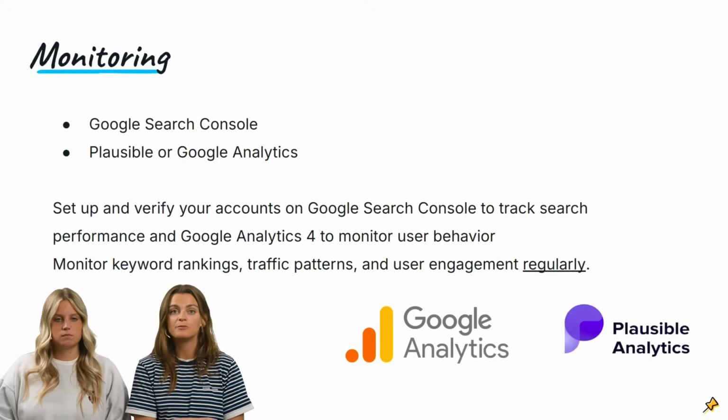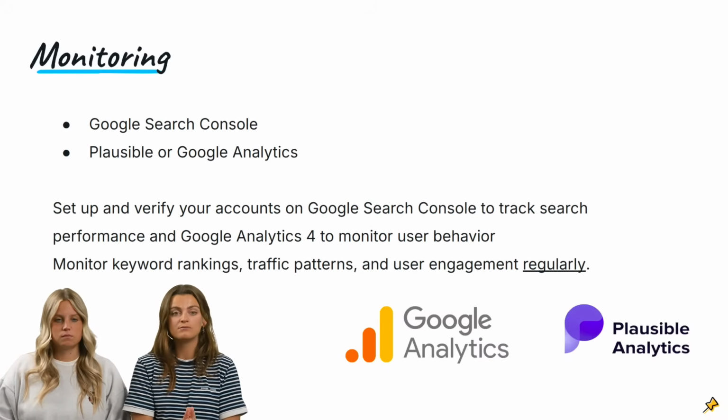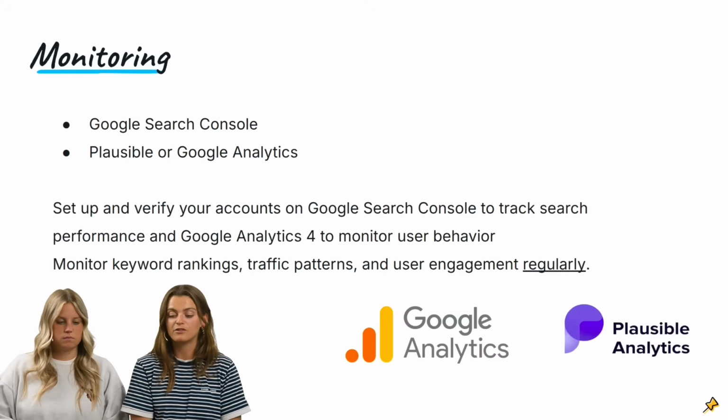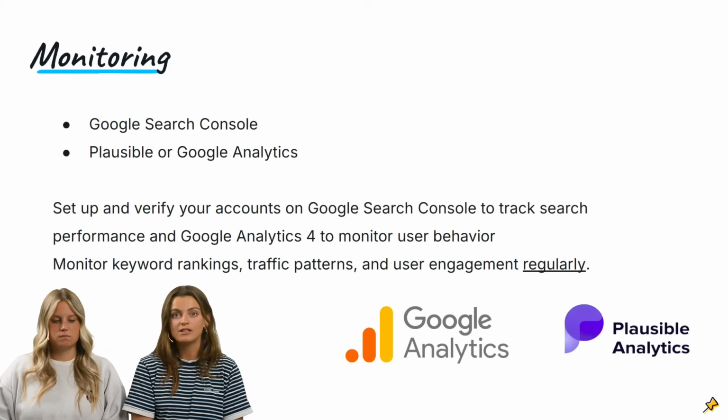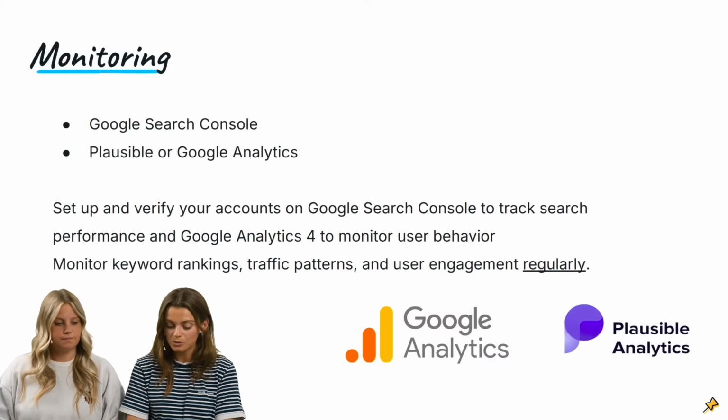Where do they come from? What page is not converting really well? So it can give you information on, for example, if your main product is not selling really well, maybe it's giving you an indication that you should change the descriptions or the images because it's not giving enough information, so people are not engaging with it. So really important to start with those 2 tools.